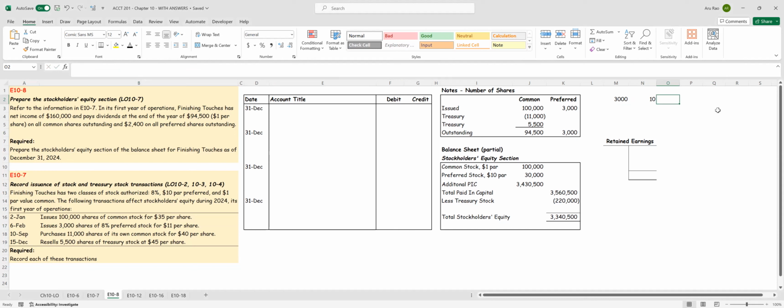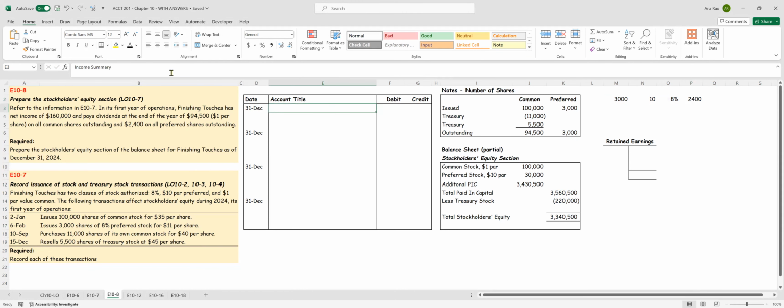And I said I would pay dividends at the rate of 8% on $10. So what does that add up to when we pay the preferred stockholders the dividends? 3,000 times 10 times 8%, 2,400. And that's exactly how much we are paying them, the 2,400.